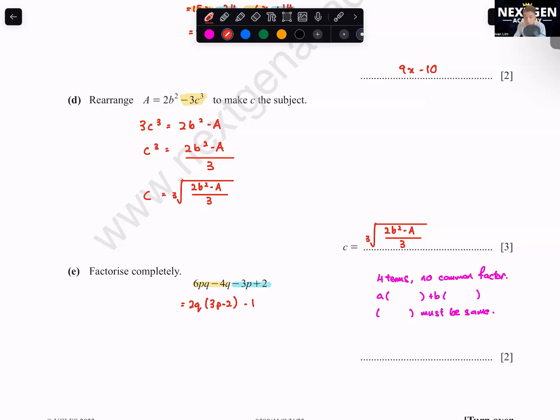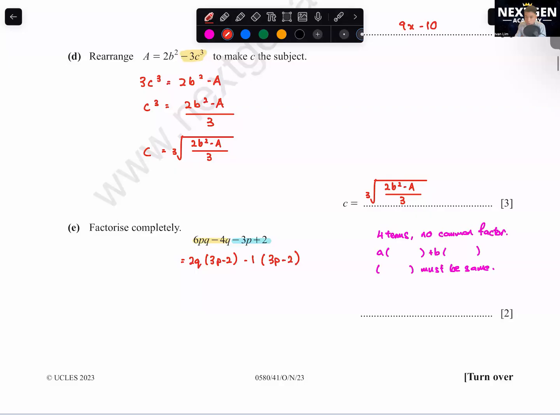You factorize out -1. Can see? Because now it's minus 3P plus 2. I want to make it the same term as inside. So here will be 3P minus 2. Do we not need to add -4Q and 3P? Q and P cannot add together, so you cannot simplify from the first one.